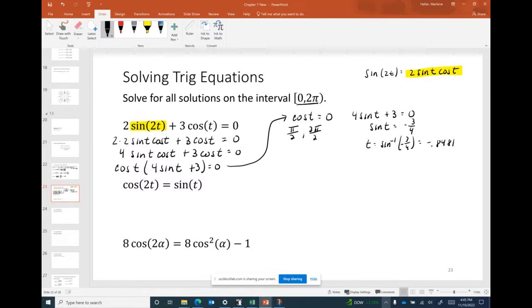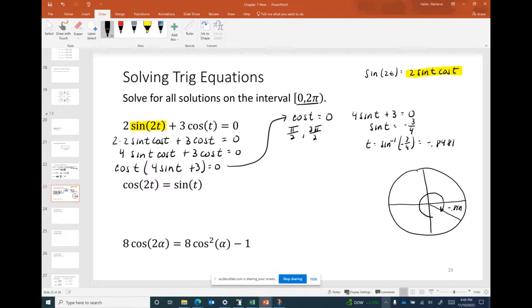We have a little bit of a problem though, because our interval was supposed to be 0 to 2 pi. But when we use inverse sine, we know that we're restricted to quadrants 1 and 4 with the restricted domain. Take a look at this on the unit circle. Negative 0.8481 is there. We need a positive version of that same angle.